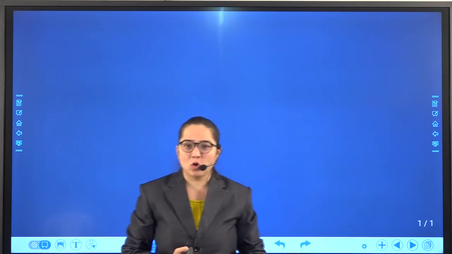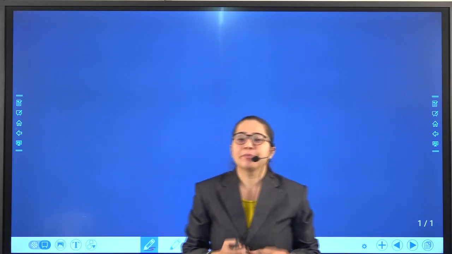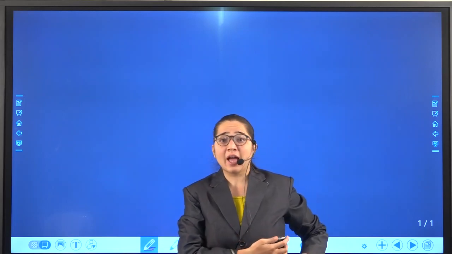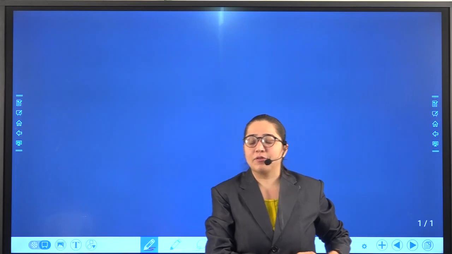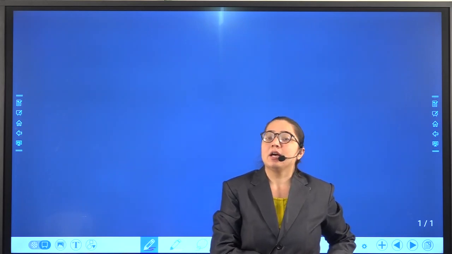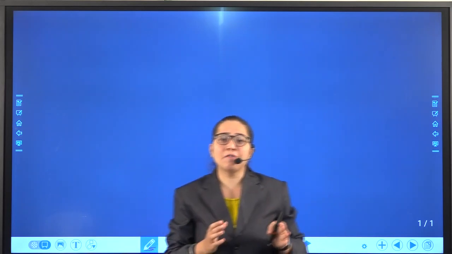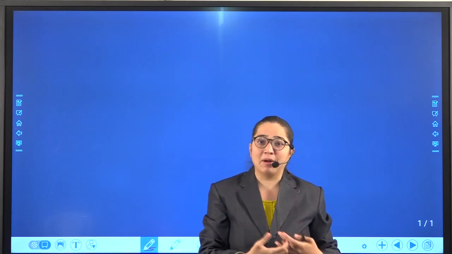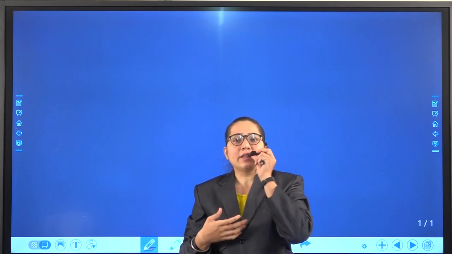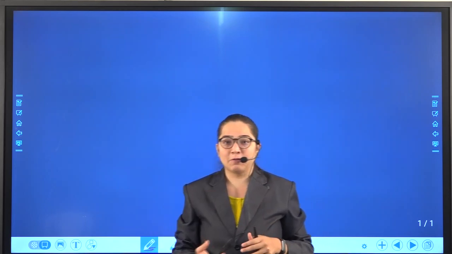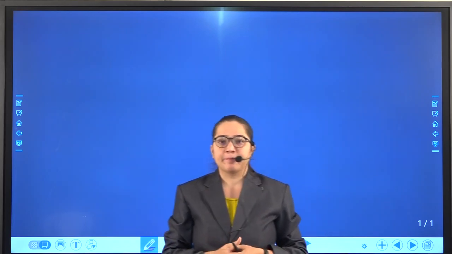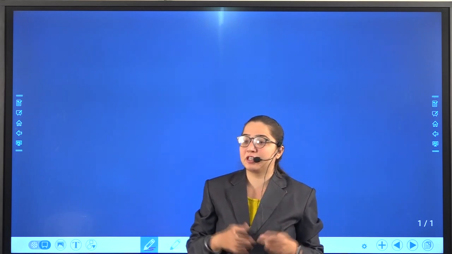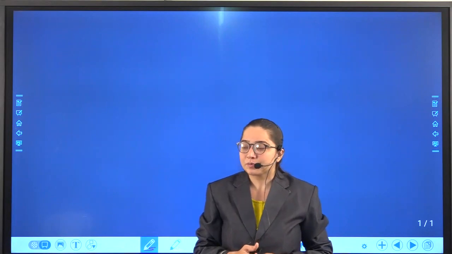Friends, you already know we are doing lesson number 16, which is light. In this lesson, we have already completed the formation of multiple images that are observed when mirrors are kept at a particular distance and at a particular angle from each other.